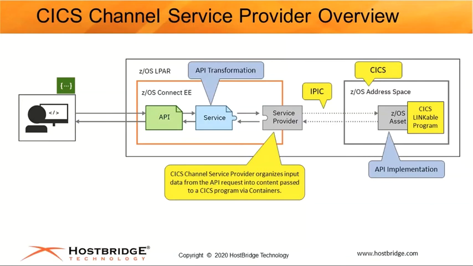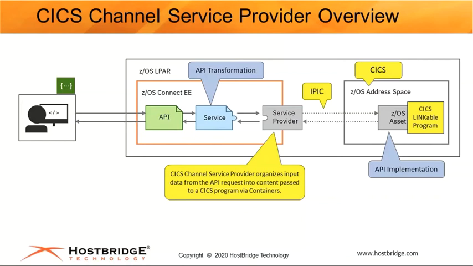Okay, in this case, the service provider box will be the channel service provider, and its role will be to organize input data from the API request into various CICS containers, and then pass that to a CICS program over IPIC. So the boundary between z/OS Connect EE and CICS will be an IPIC connection. Then that request goes to CICS, and the implementation of the API is that linkable program.